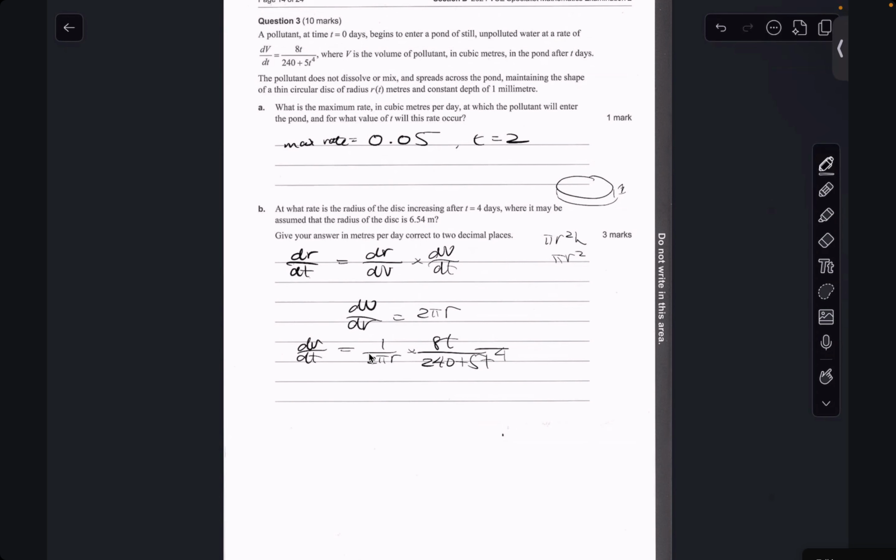And then you plug in t is 4. Oh wait, this is 6.54 meters, yep, and r is 6.54.